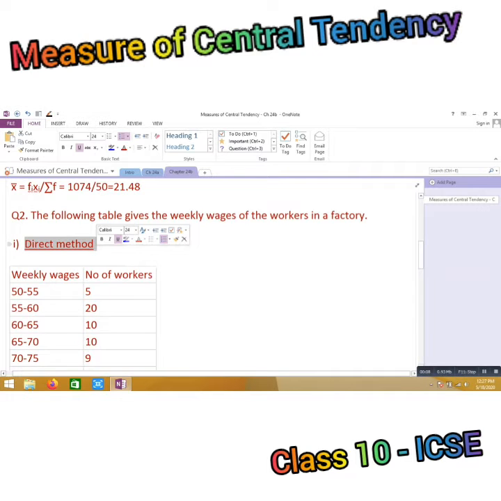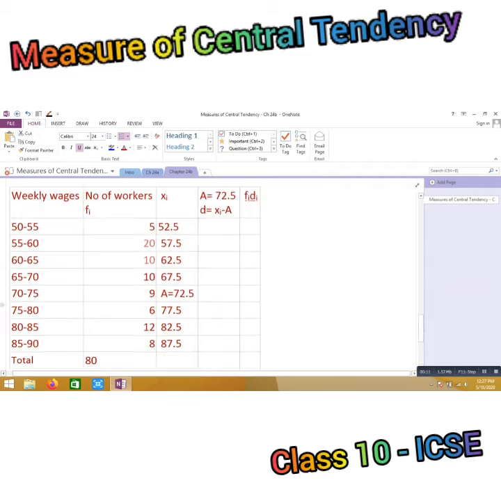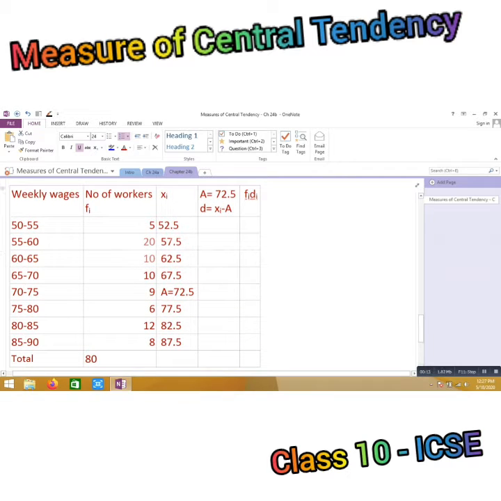Next we need to do the shortcut method. Here the formula is a bit different for calculating the mean. Here we are taking two more new values. A is the assumed mean and D is the difference between the mid value and A. So here A is 72.5.